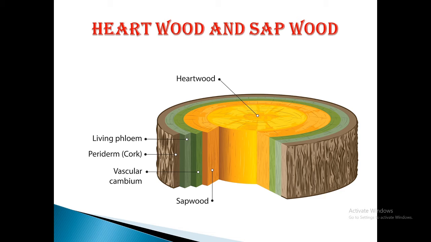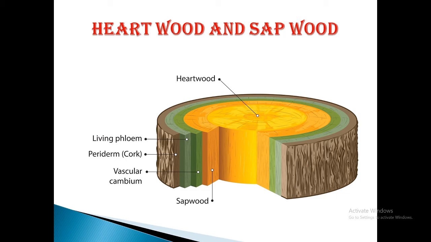In Diospyros and Swietenia, the cell cavities are filled with a dark colored gummy substance, and the color of heartwood in general is the result of the presence of these substances.